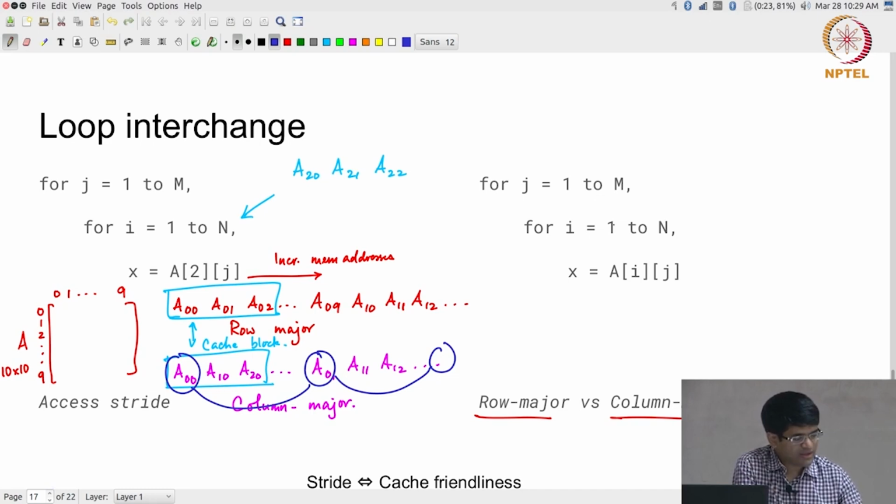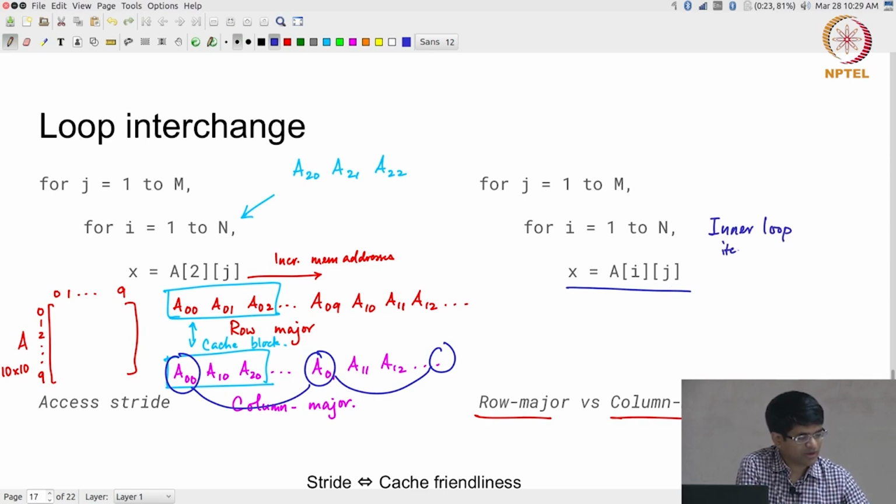Similarly, you might also have a situation where you have these nested for loops and you are trying to access some a of ij, that is, it's the matrix itself that you are trying to access, all the elements. Once again, the order matters. If your inner loop is going along rows, this is a bad ordering.